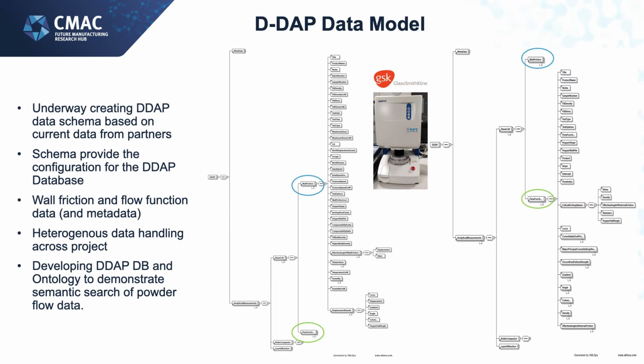Here you can see the D-DAP data schema based on current data coming from partners related to wall friction and flow function. This schema actually provides the configuration for our D-DAP database. This is related to wall friction and flow function.